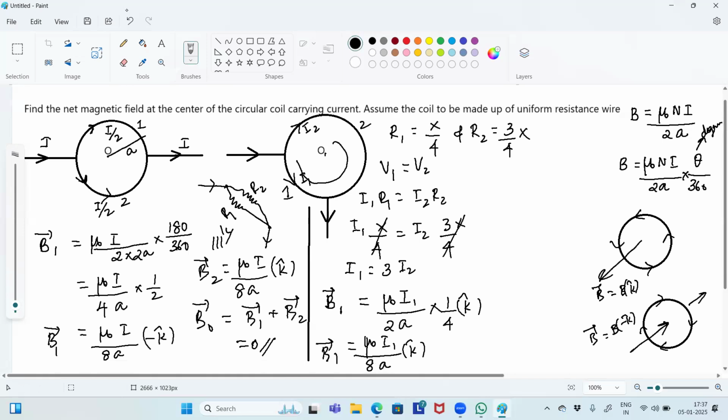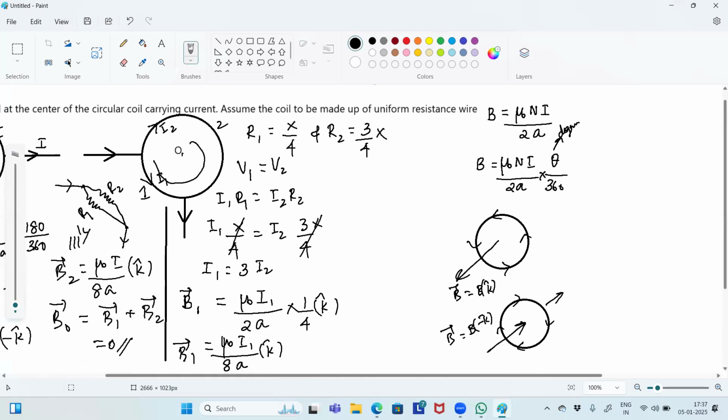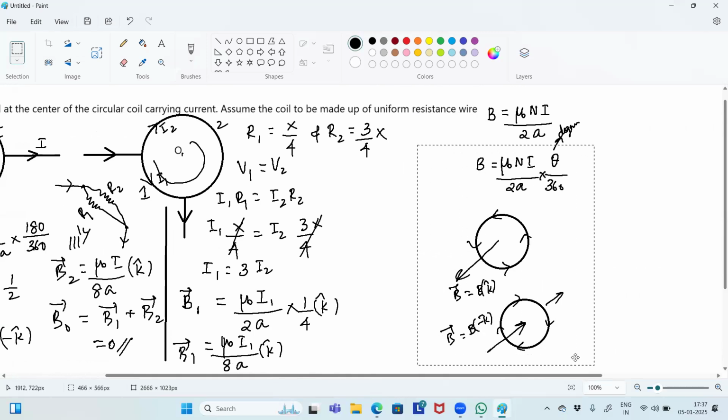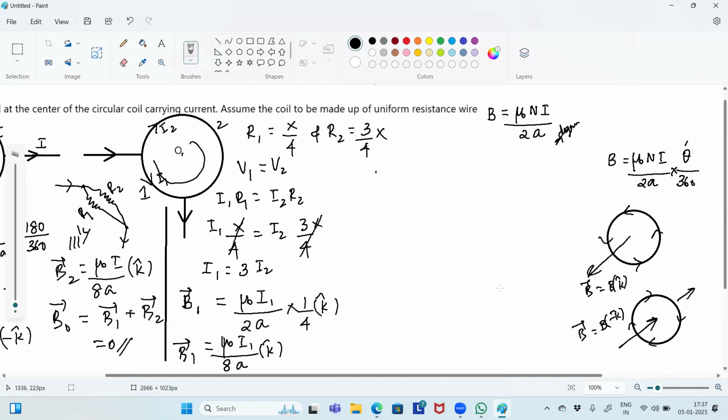Now you want to estimate the magnetic field due to the 3/4 of the loop. So that B2, if it's a full circle, would be mu 0 I2, number of turns 1, by 2 times the radius.